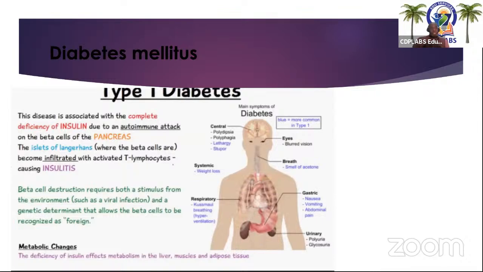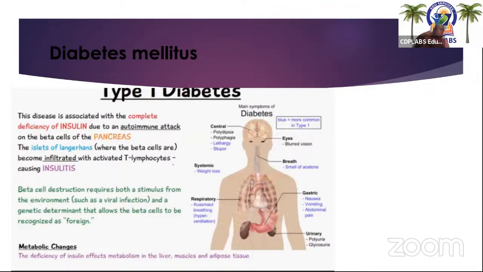That's what autoimmune means. The immune system fights against itself. Now, the islets of Langerhans, where the beta cells are, become infiltrated with activated T lymphocytes, causing insulitis. That's a big word.